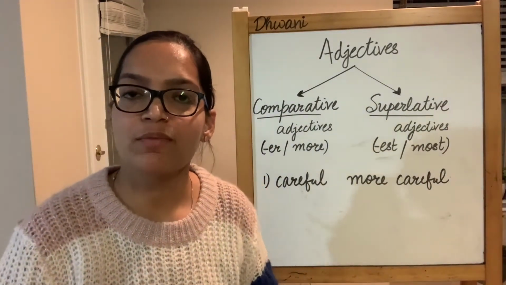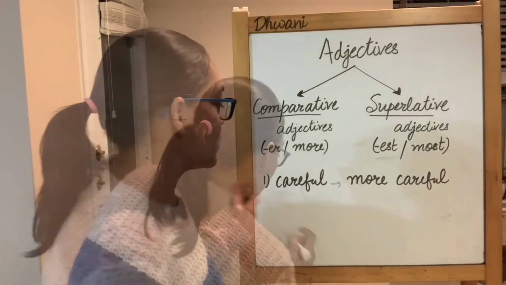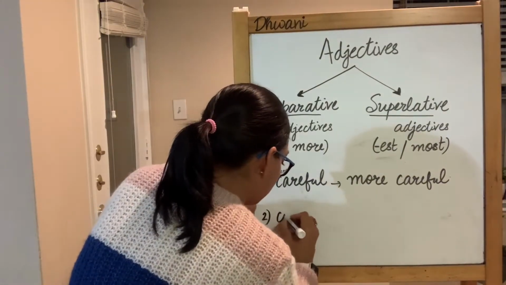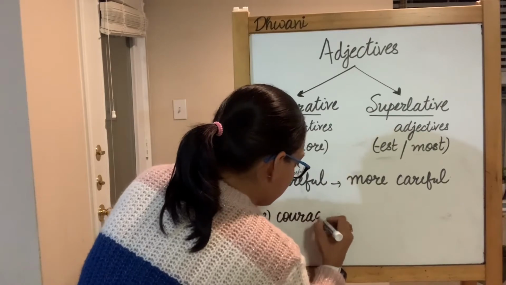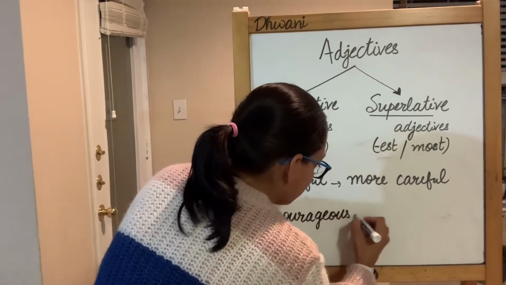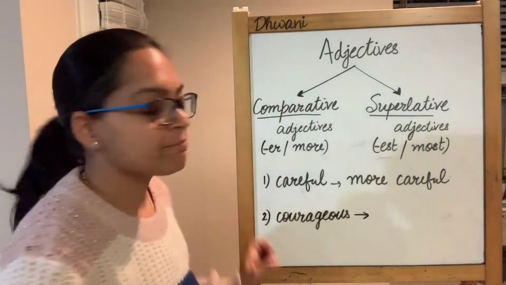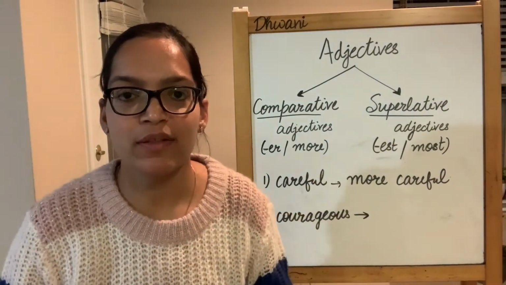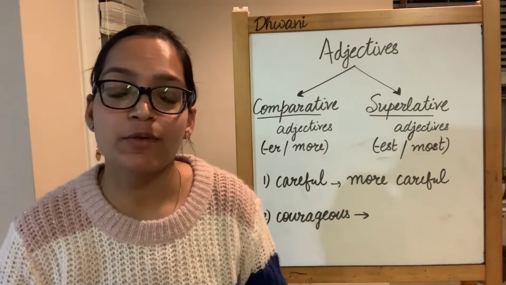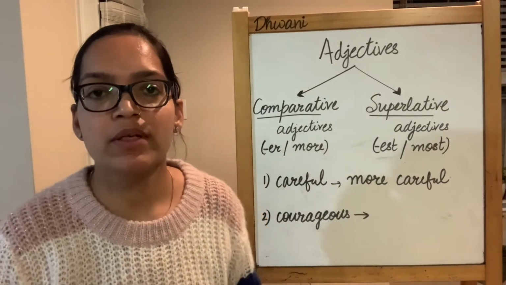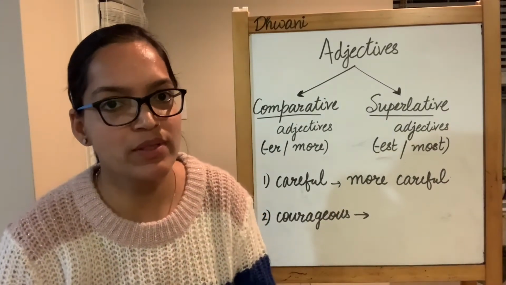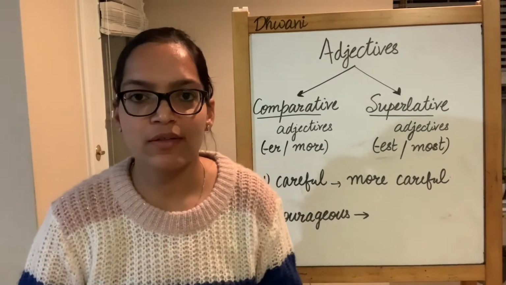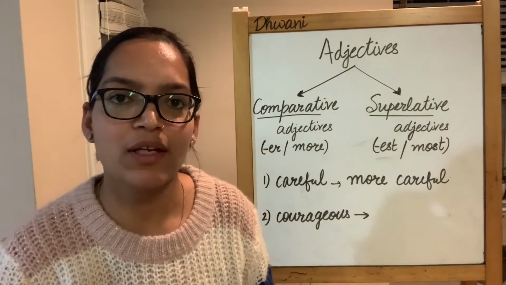Careful has more than one syllable. Next one is courageous. If we have to use it in comparison in a sentence, I'm going to use it as more courageous. Why? Because courageous has more than one syllable. Let's use it in a sentence. John is more courageous than David.